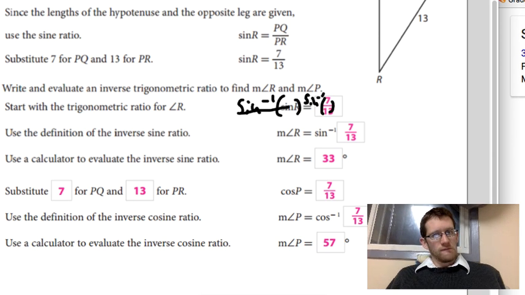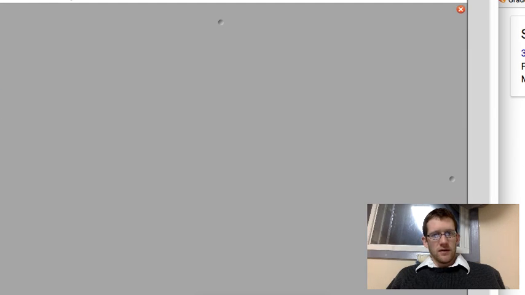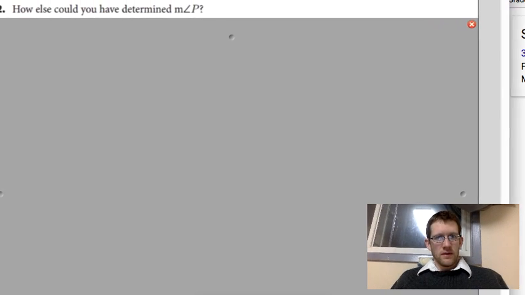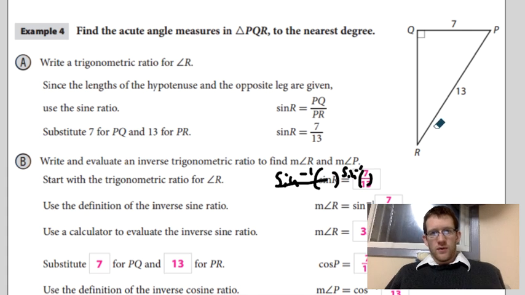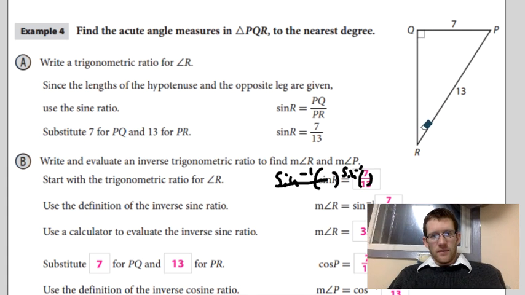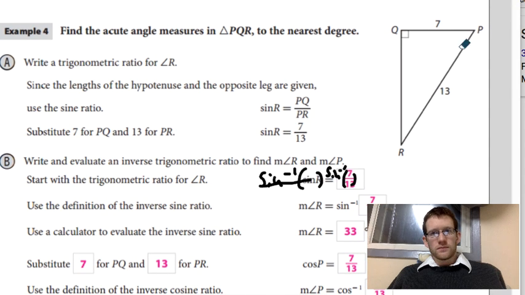Notice here, we could have done this an easier way for part B, right? It asks here how else we could have determined the measure of angle P. If we know what angle Q is, 90, and angle R, 33, we should be able to figure out angle P without doing any trig at all, right?